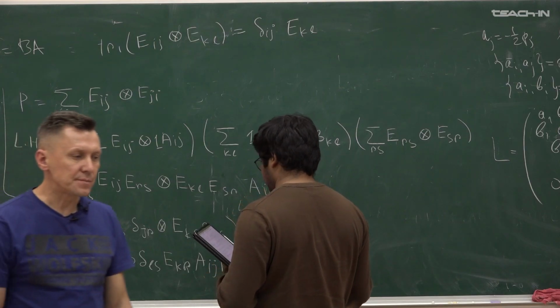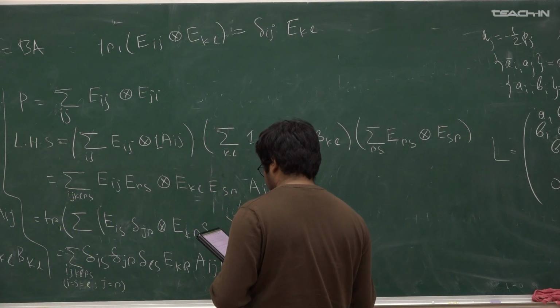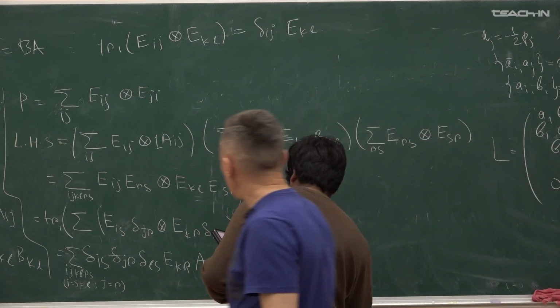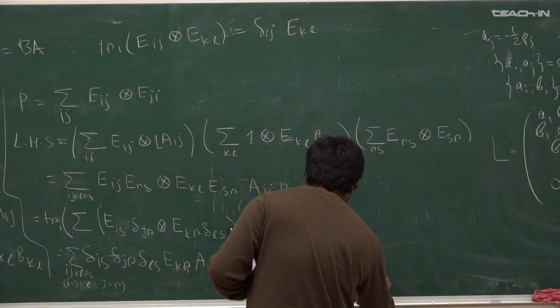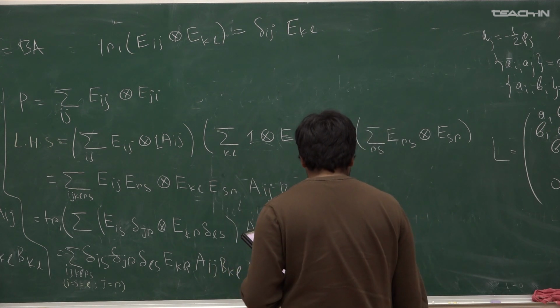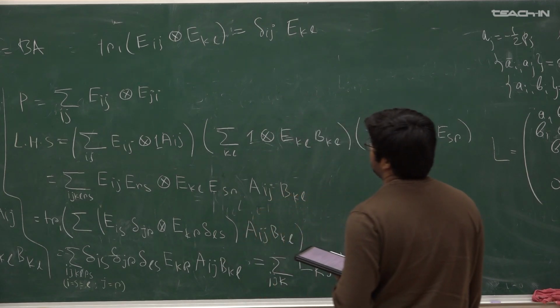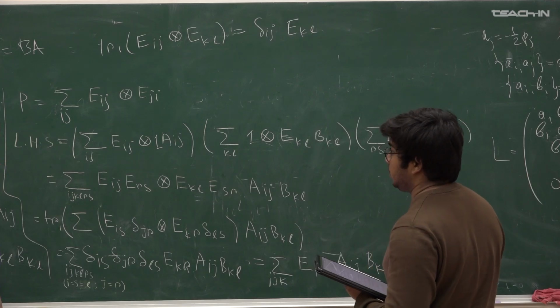What is K? K is K. What is R? R is J. I and J keeps P, K. L is I. What do you think? This has to be BA.